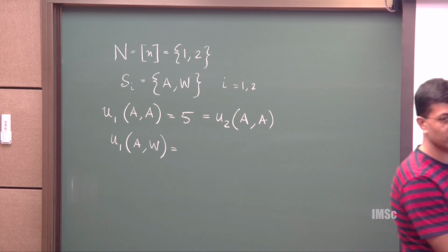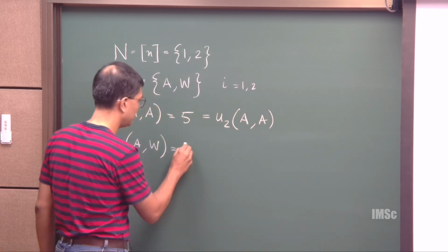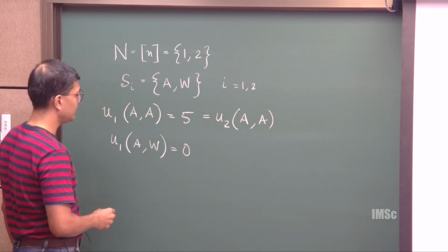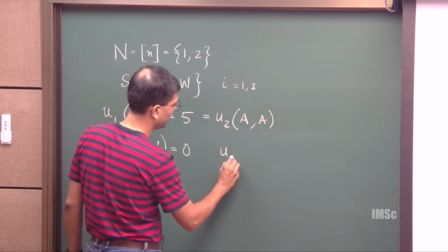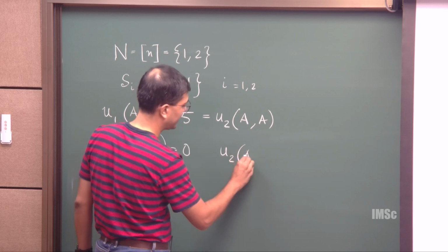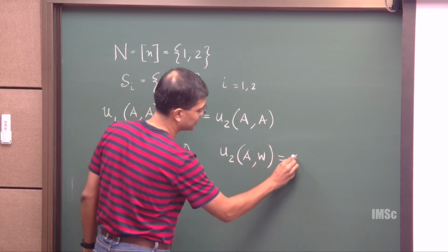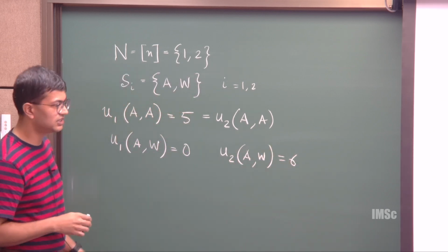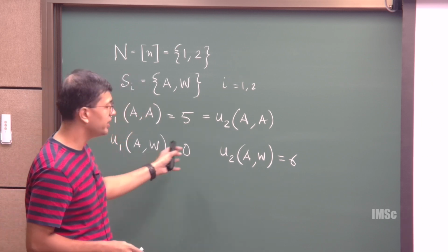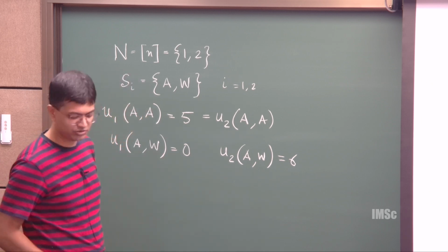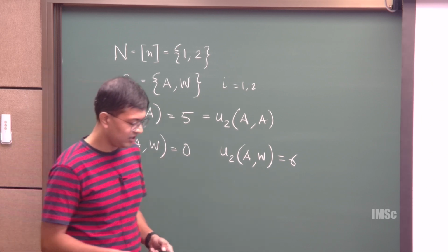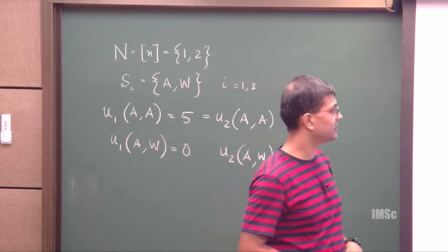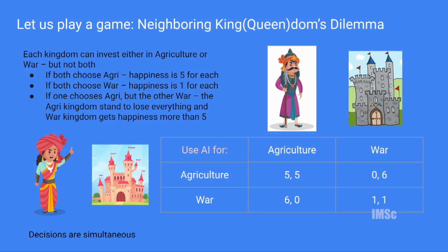Okay, so 0, right. So I think this should be clear. And similarly the utility of player 2 at A comma W will be 6, and you can fill the rest. So this is just to remind you the notation that we have used, and we will also use the same notation.